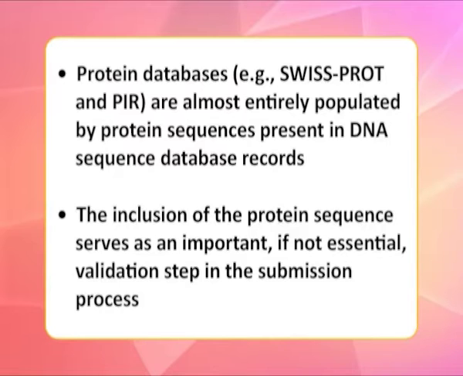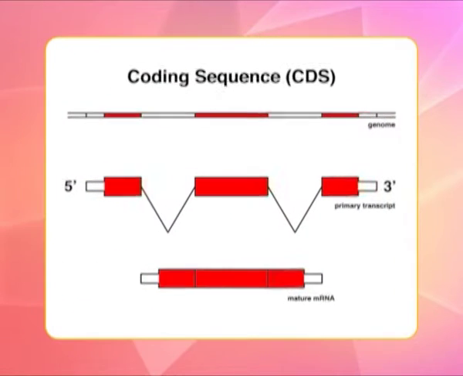submission process. The coding sequence features or CDS are the links between the DNA or RNA and the protein sequences, and their correct positioning is central in the validation, as is the correct genetic code.